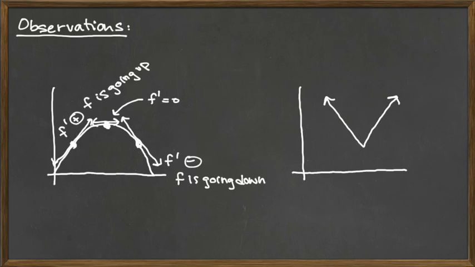Now looking at this second graph, the one interesting place that we have is this corner point here. That corner point actually has no tangent line. And notice here that the function is not smooth.